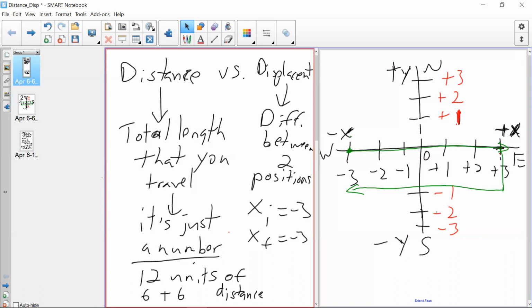Now let's take the same two numbers for displacement. Displacement is a difference between any two positions. The deal with this example is that the initial position and the final position are the same thing, but we can still obviously calculate the displacement.